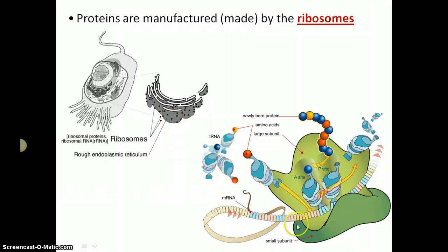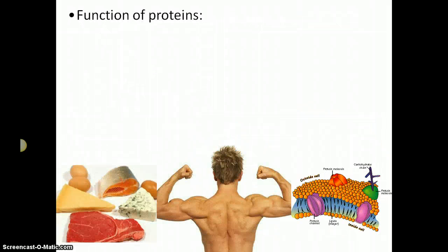But when you really start looking closely at a ribosome, you find that there are 2 subunits. And we have a large subunit and a small subunit. And these 2 pieces fit together like 2 pieces of a puzzle. So we'll talk a little more about what happens when those two subunits come together in a minute.